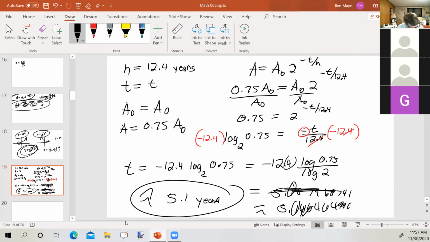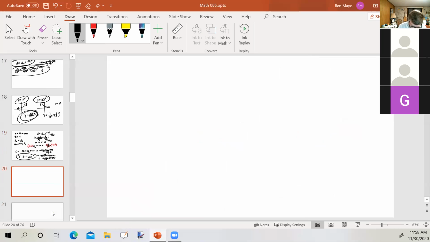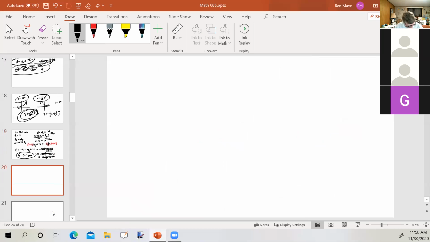All right, let's take a look at this one. A bone fragment analyzed by archaeologists contains 60% of the carbon-14 that is assumed to have been there initially.